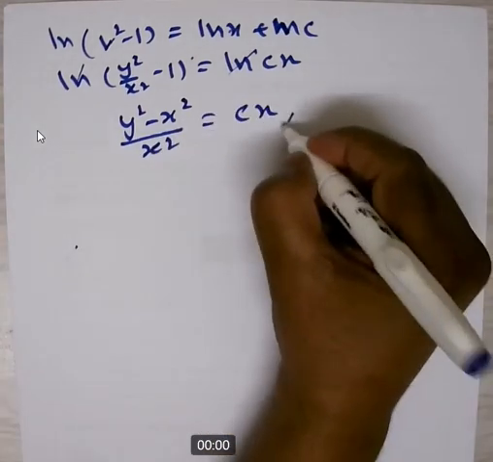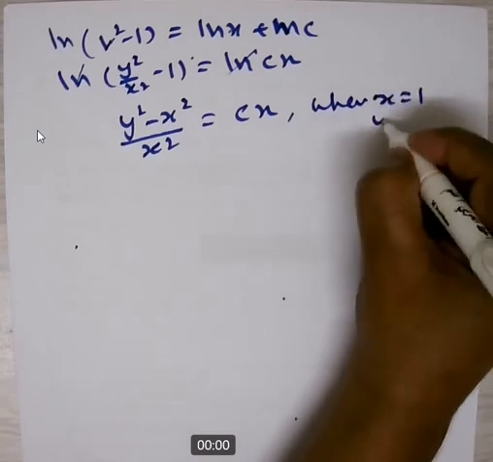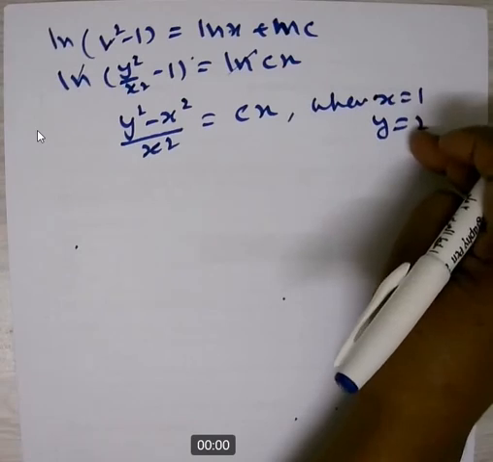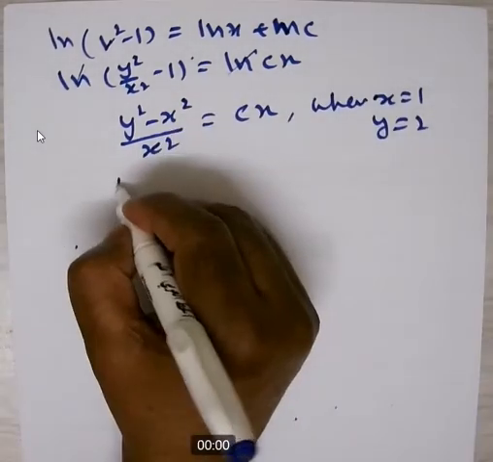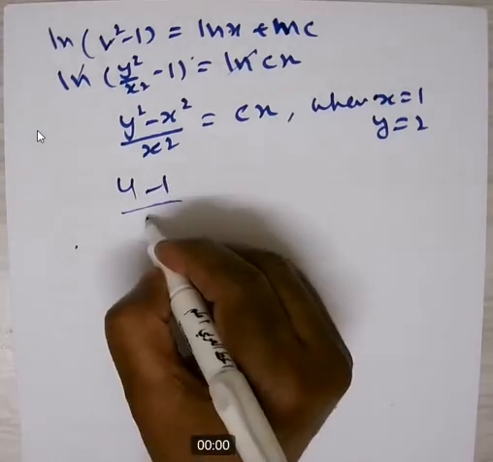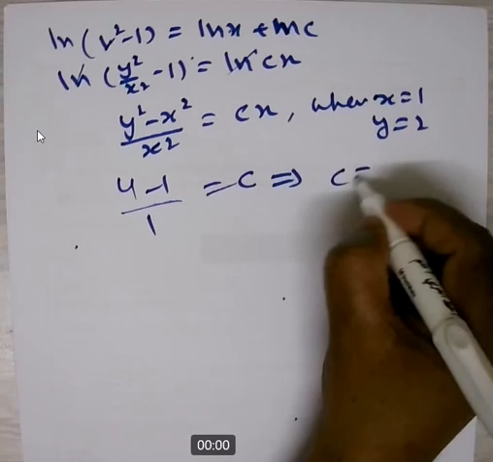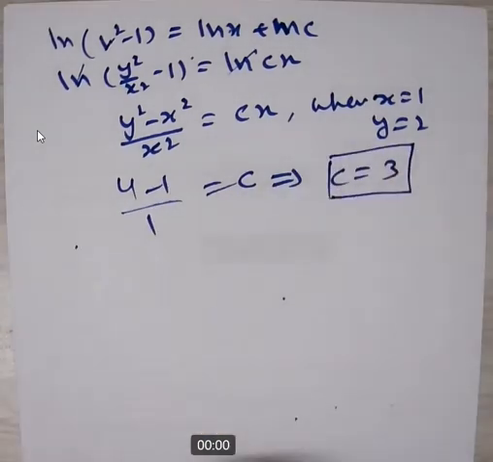Now see that one, when x is equal to 1, it is given here y is equal to 2 because it is passing through 1 comma 2. So replace that one, we get the result of c. So 4 minus 1 divided by 1 equal to c. So it means that c equal to 4 minus 1 means 3. So this is the value of c.